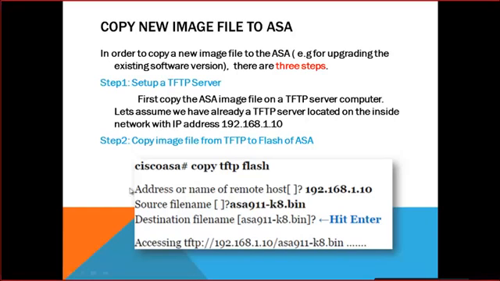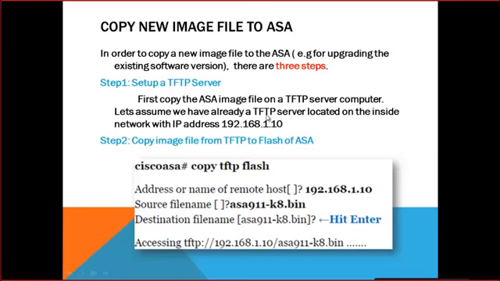So what I need to do is go to ASA, and then assign a management IP address. If you want to copy it through a management port, then you give a management IP address. Or if you want to copy it through an inside interface, give an IP address of this subnet.